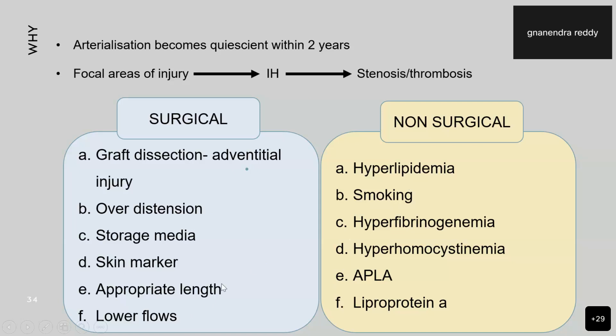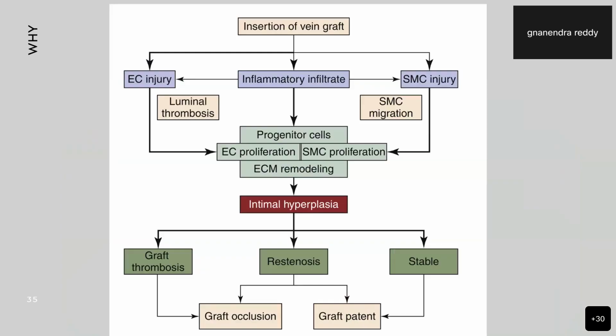It is seen that patients with poor outflow have more intimal hyperplasia than patients with normal outflow. And there are certain non-modifiable, non-surgical causes: hyperlipidemia, smoking, hyperfibrinogenemia, hyperhomocysteinemia, APLA, and lipoprotein A levels.